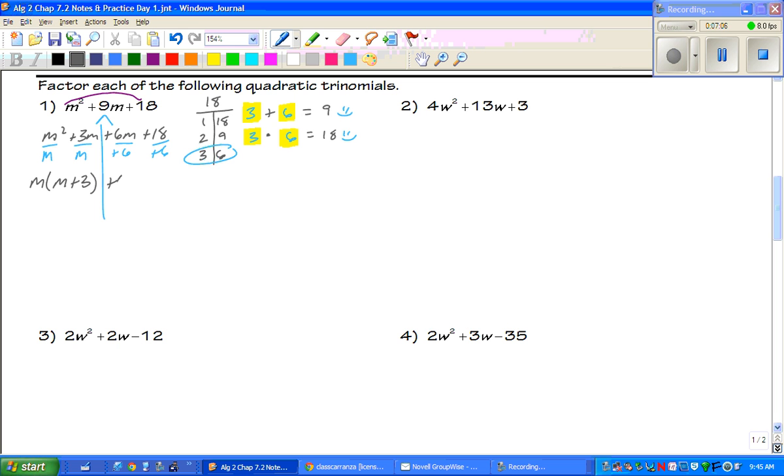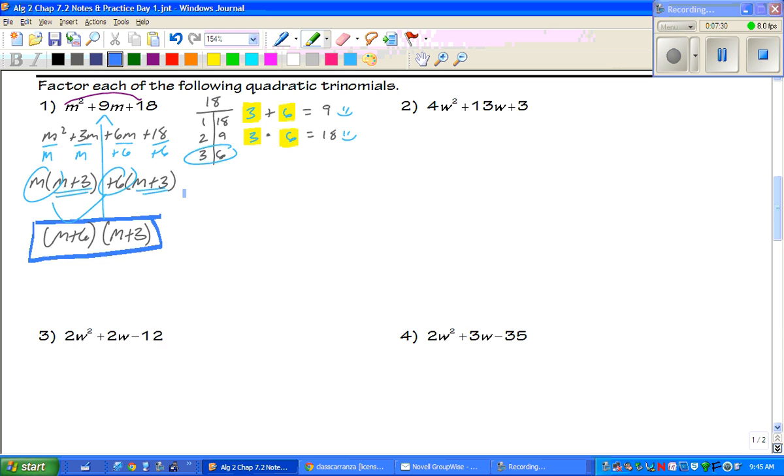So m plus 3, we pull out a 6 and we're left with m plus 3, which is good because, once again, that's our check. We want to make sure that those line up together. And then we get m plus 6. Put a box around it because that's our final answer.